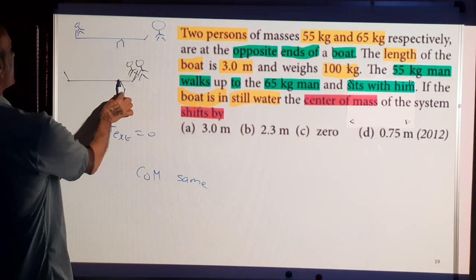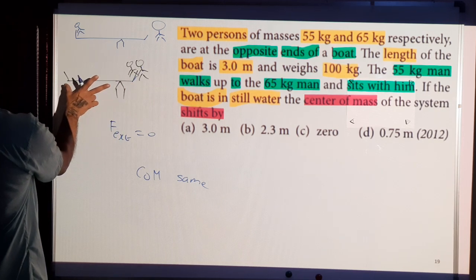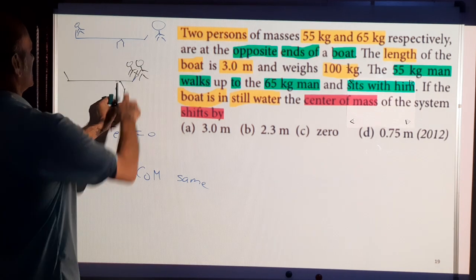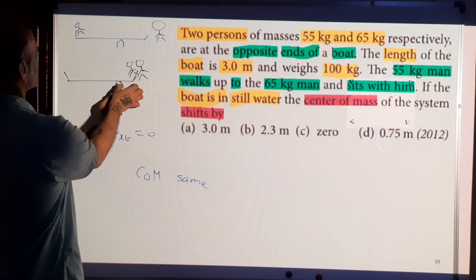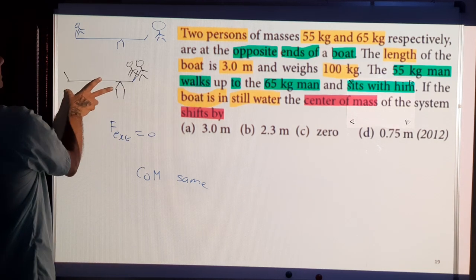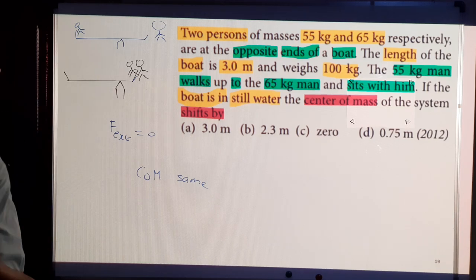In some sense, about this point, this mass and this part of the board will be balanced by this part of the board. About this point, the torque will be contributed by these two people and this part of the board, and this torque will be contributed by this part of the board. So more of the board will be on the left side compared to this one.